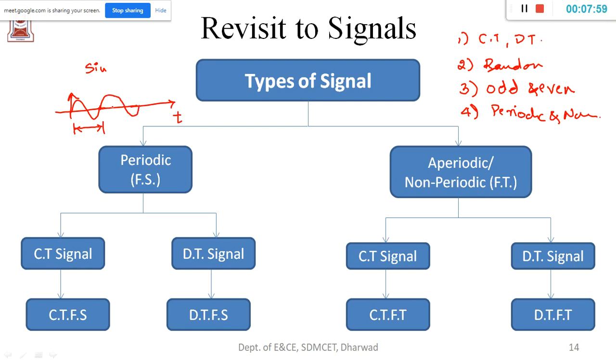Say this is frequency f1, and the next cycle also has a frequency of f1, not f2. If it is 50 hertz, the first cycle from 0 to 2 pi is 50 hertz, and the next 0 to 2 pi is also 50 hertz itself.